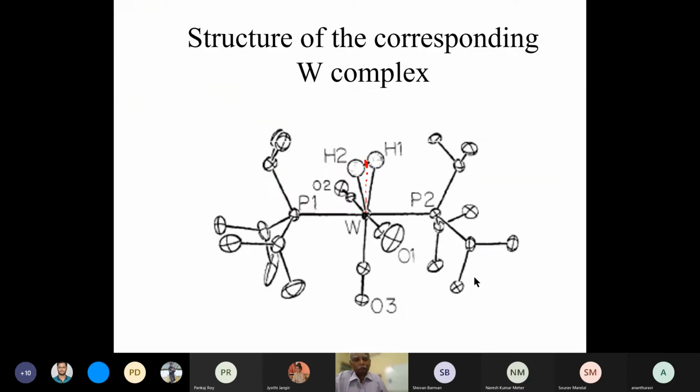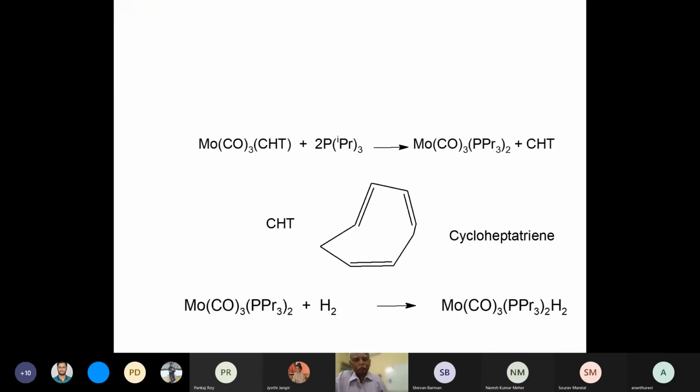Dihydrogen was one of the small ligands that could be utilized for coordination. Now, what I thought I would do was to show you the complex in 3D again, the 3D structure.